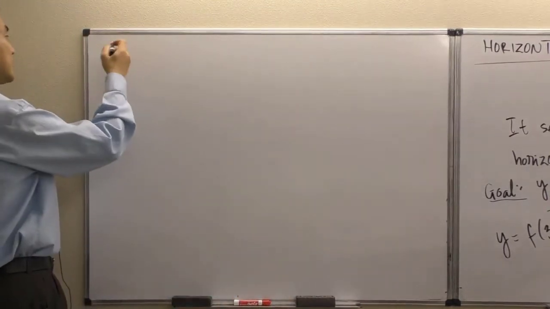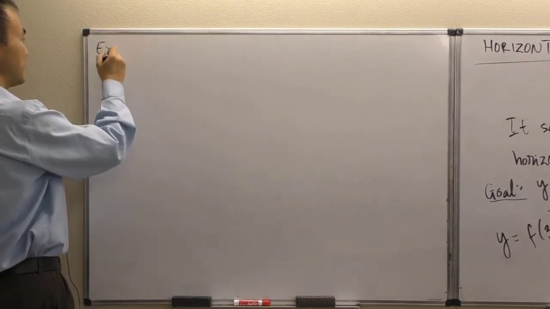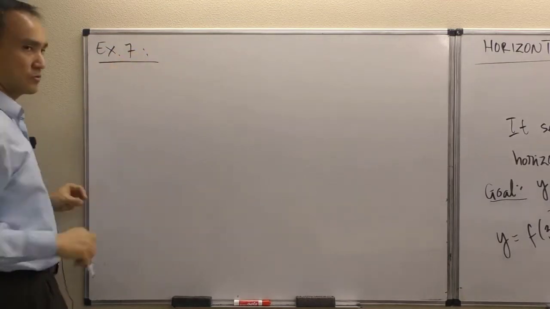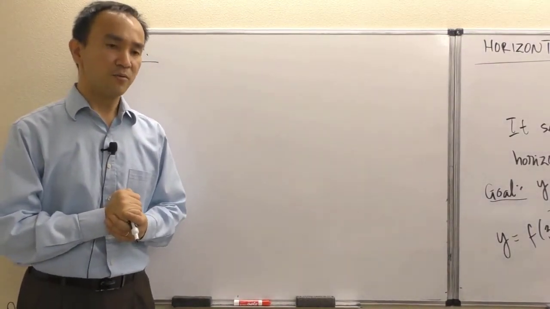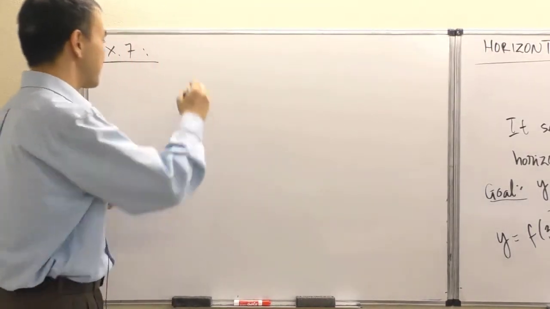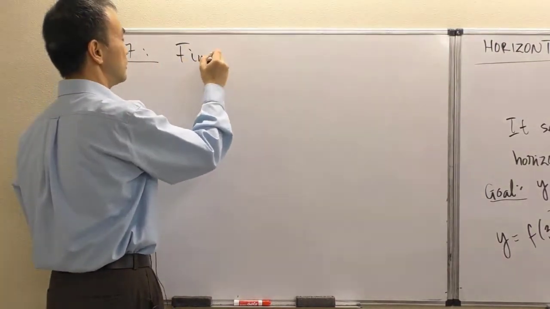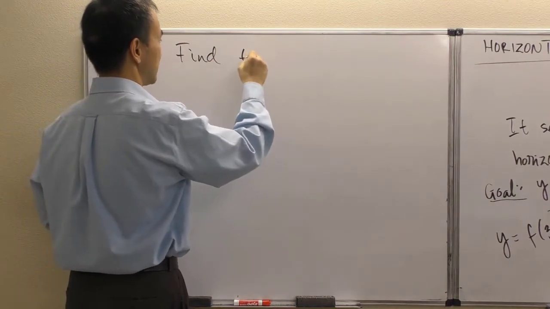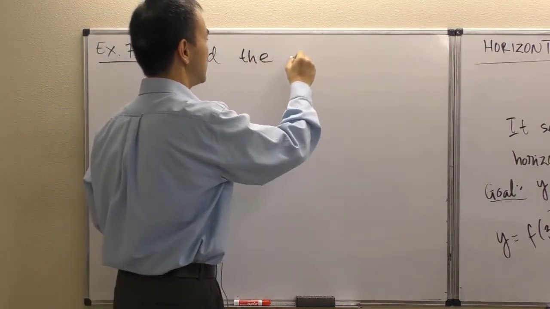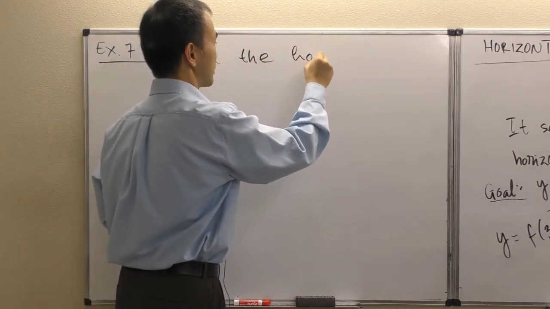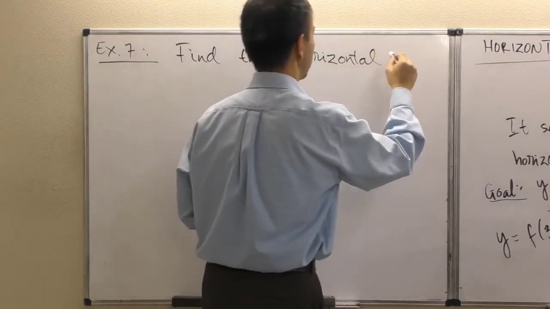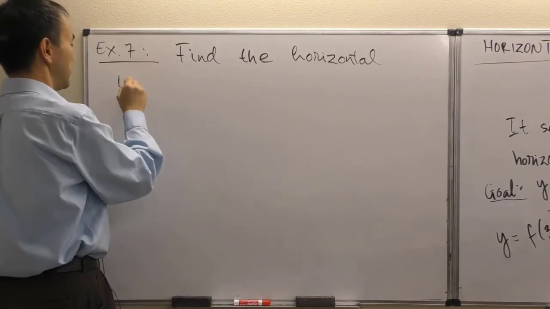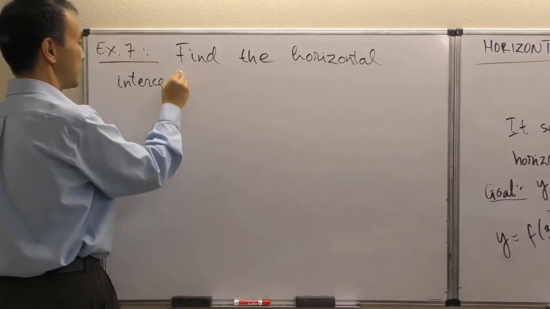All right, so let's now look at our example 7. In this example, I want to just focus on finding the horizontal intercept. There may be more than one intercept.